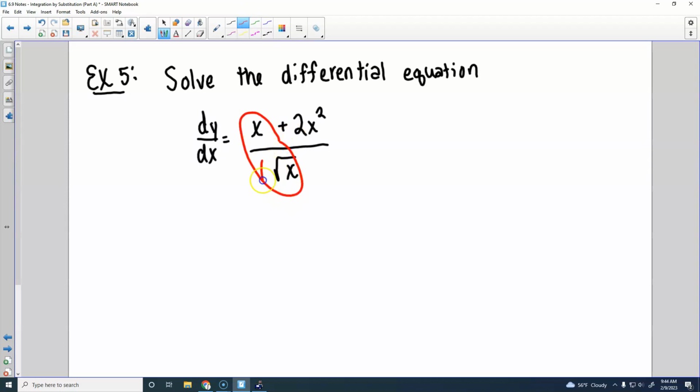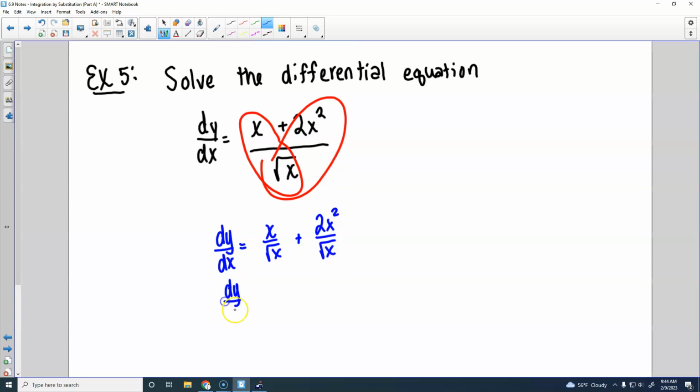This is one where you would use the love connection. Okay? So you would have dy dx equals x over the square root of x plus 2x squared over the square root of x, which I guess I could have done fractional exponents there.